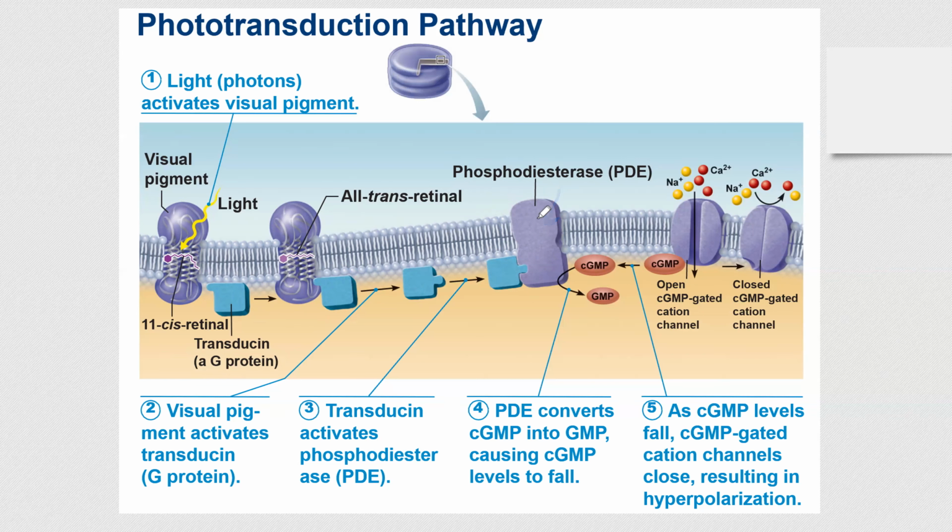Now, what this enzyme does, it converts cGMP, or cyclic GMP, into GMP. And GMP is a molecule related to ATP and ADP, right? So it's a nucleotide.